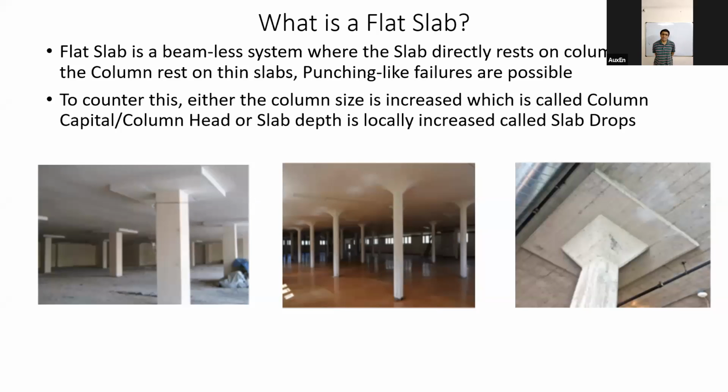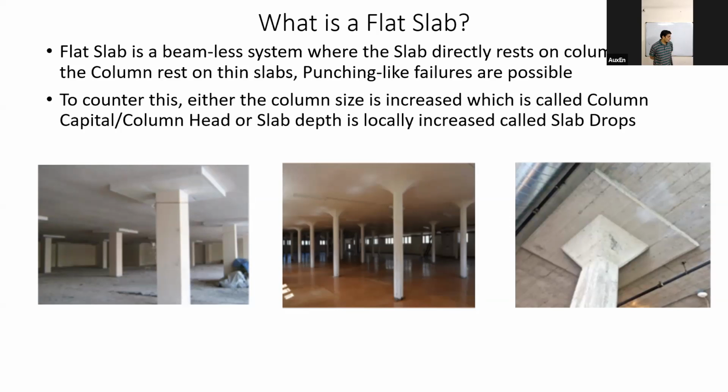One is to increase the size of the column. Second is to increase the size of the slab. Now, if we talk about the economics of a structural design, increasing the size of the column throughout the floor is not a very economic solution. If somebody asks you to increase the size of the column for the complete story height or for the complete floor height, it does not make a lot of economic sense.